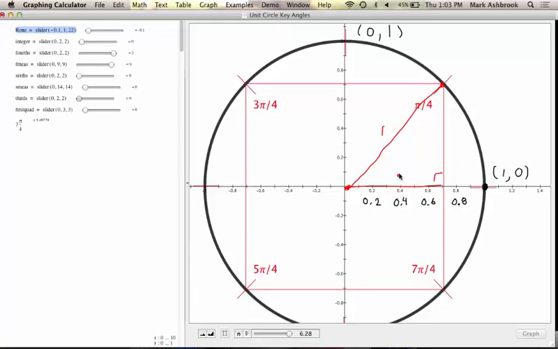And we know that if we called this, say, A, whatever the cosine is, we call it A, then the sine will be the same because we're halfway up. So now we have a relationship that we can use to actually find the exact value of A, which is the cosine of pi over 4 and the sine of pi over 4. What is that relationship?